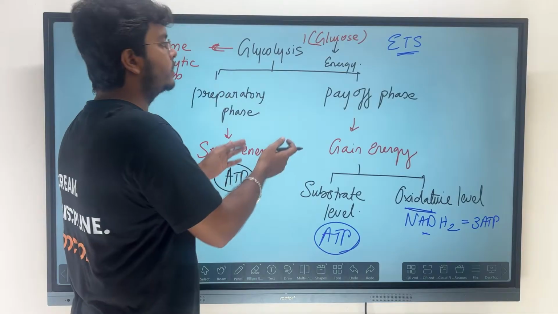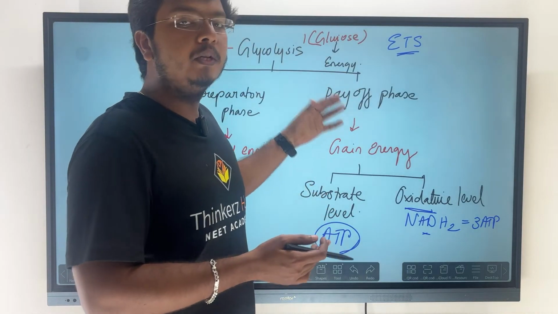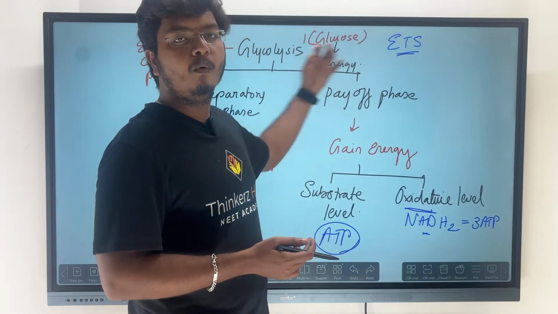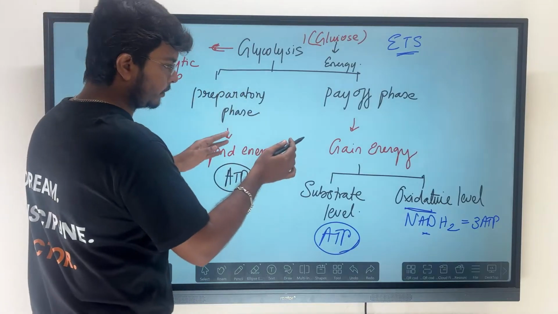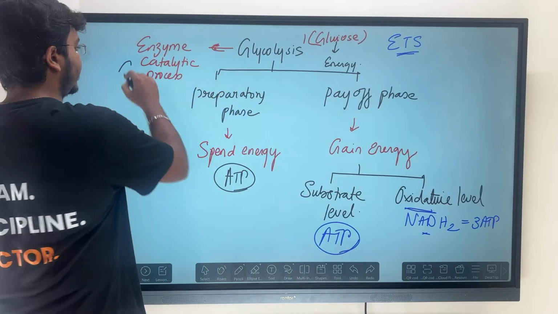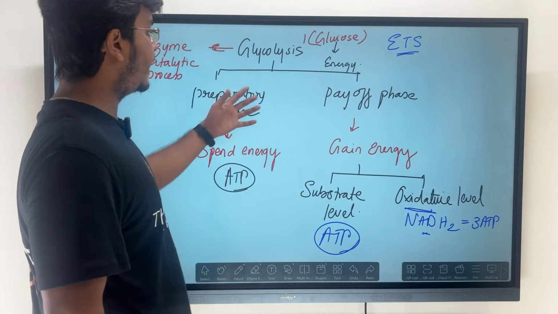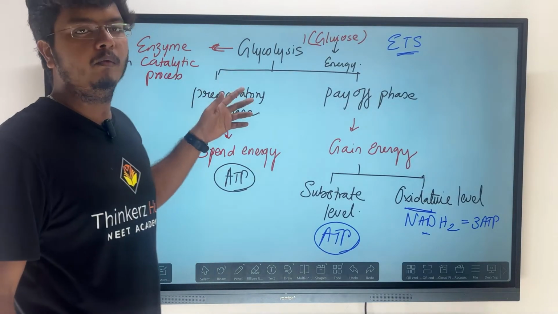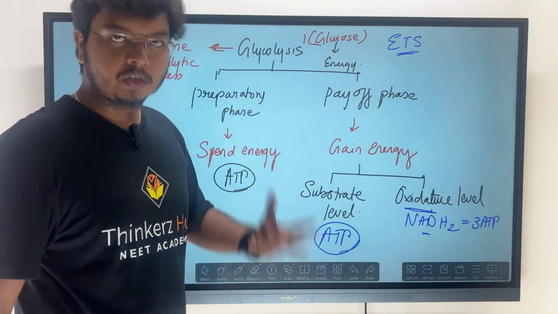Every single step will have another enzyme which will help us to get more energy. So remember, glycolysis or the glucose breakdown process is an enzyme catalytic process. I hope this one is clear. You may get a question like this: why are enzymes involved in the glycolysis process? Because to increase the energy efficiency.